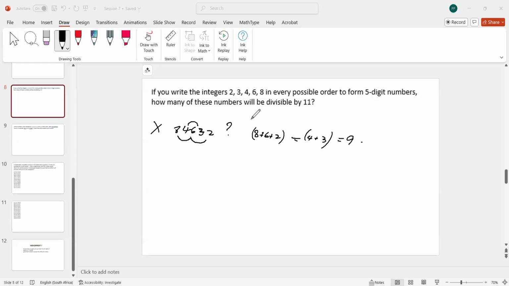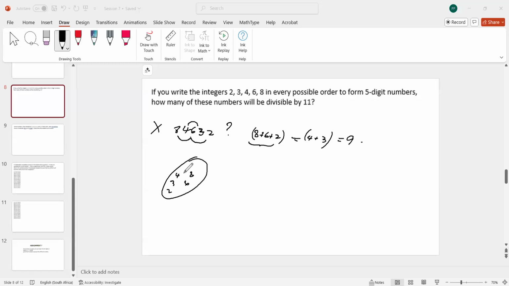Okay, so now how do you go around doing this? What you do is you need to take these numbers here, 2, 3, 4, 6, 8, and you have to split it into two groups, right?